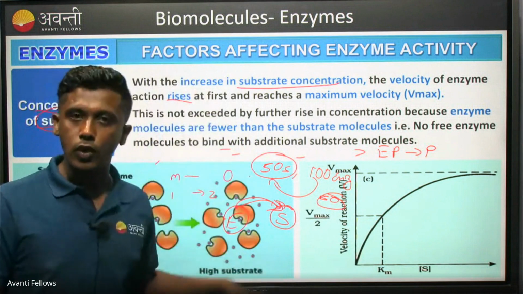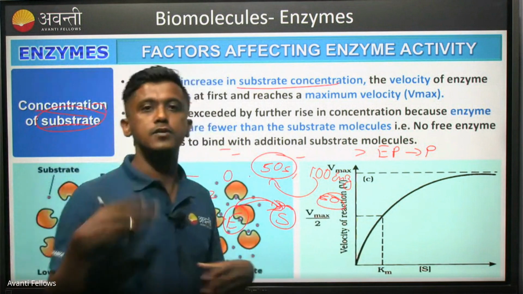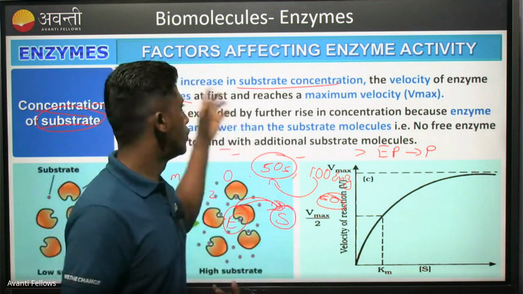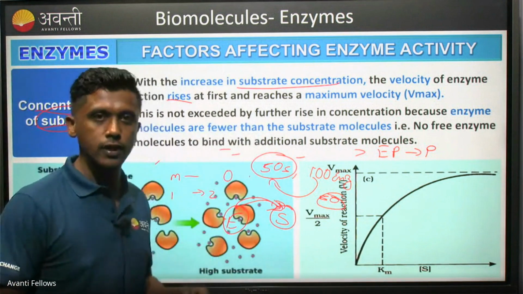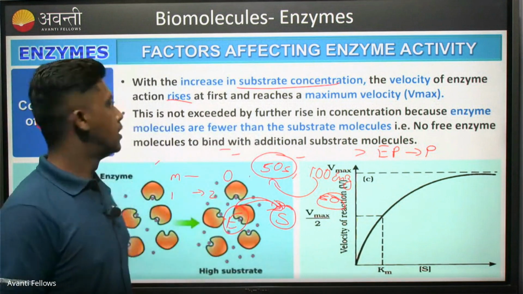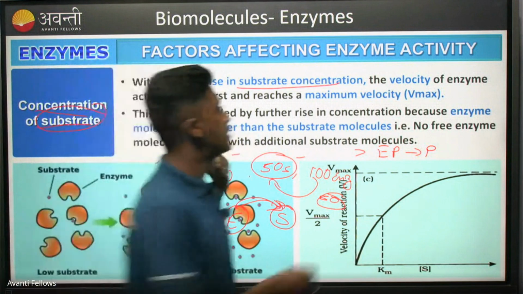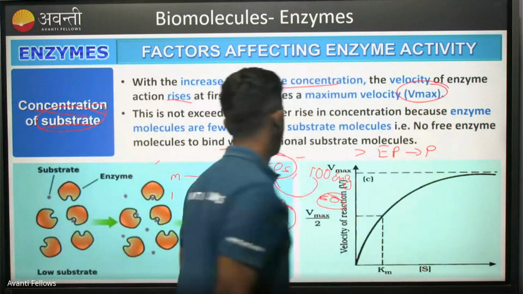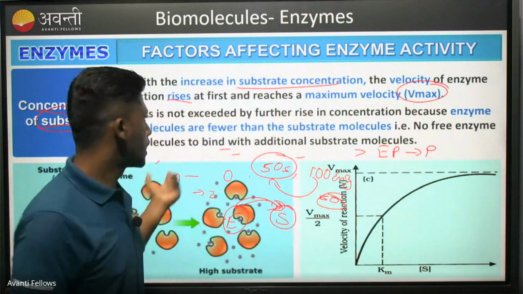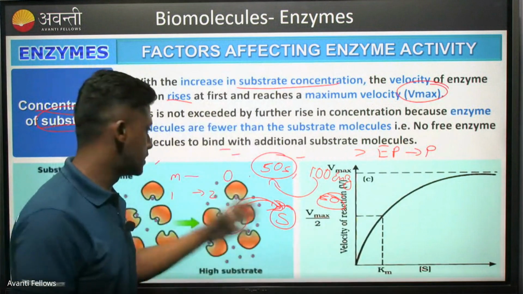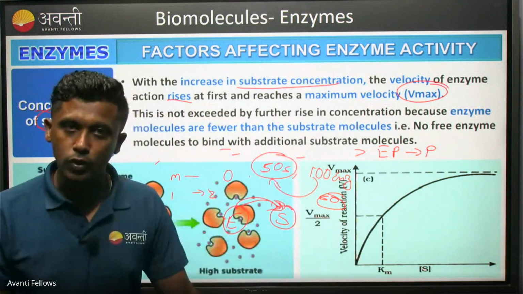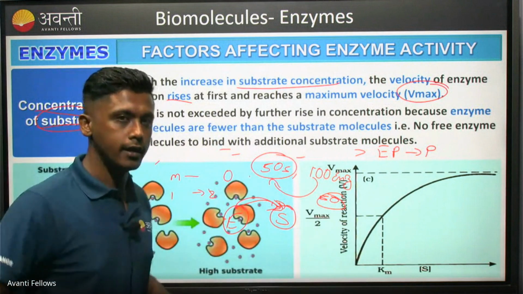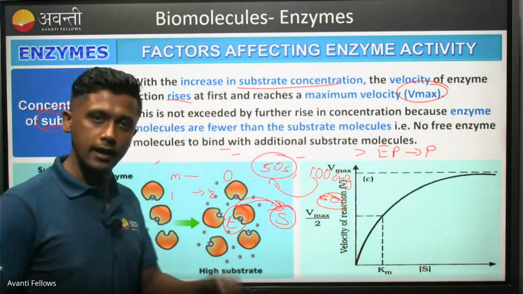Substrate concentration becomes a limiting factor, so the more substrate, the more velocity of the enzymatic activity. That is called Vmax. When we talk about affinity, you should have higher affinity towards a substrate for higher enzymatic activity.